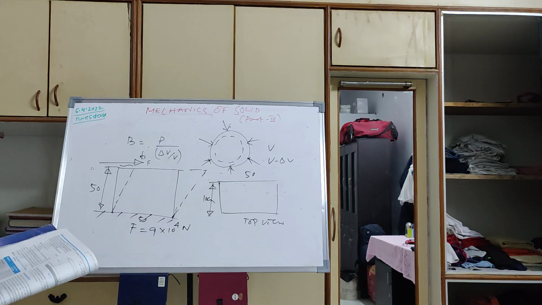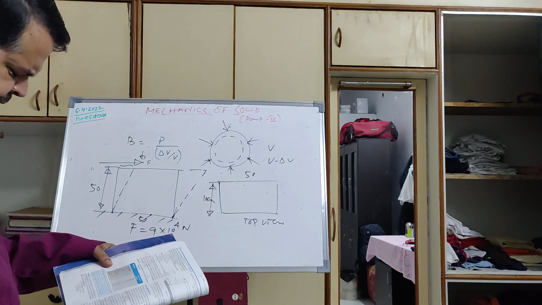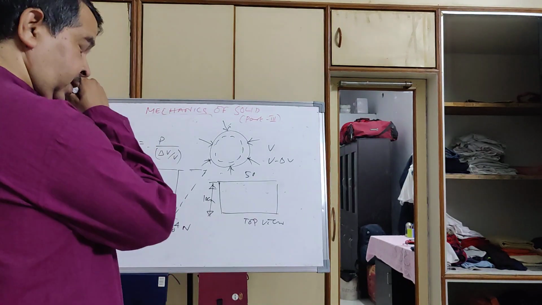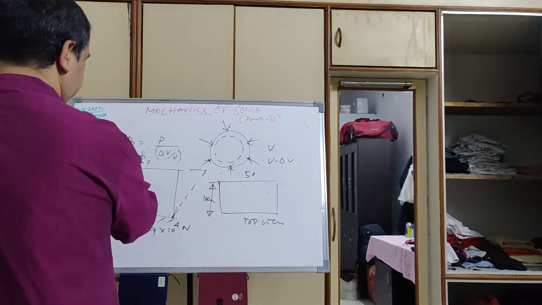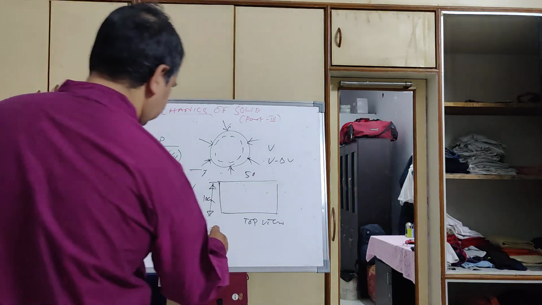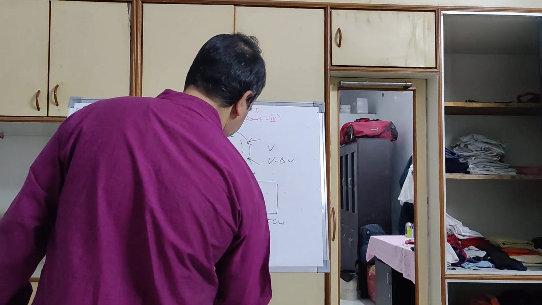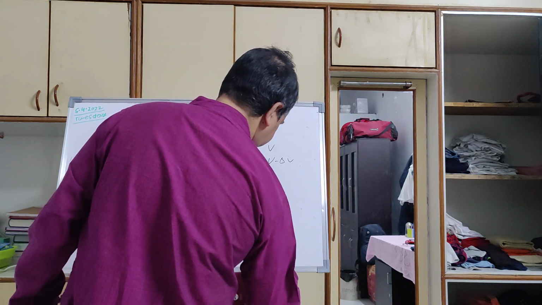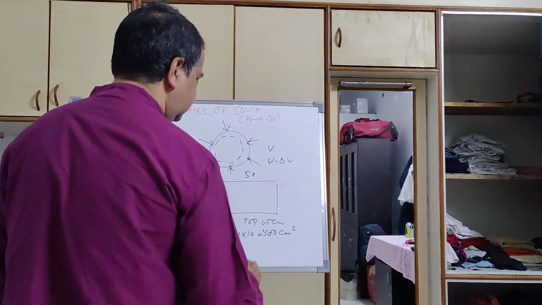So how do we find it? We see that the force is acting on the upper face. So the area is equal to 50 into 10, which is 500 cm square.